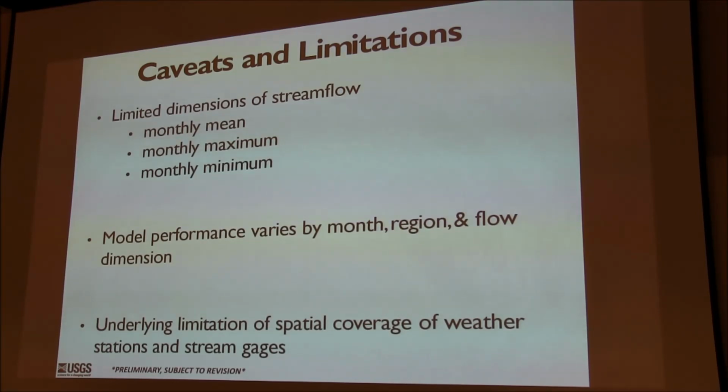And lastly, but not leastly, the spatial coverage. The limiting factor here really is the spatial coverage of the weather stations relative to the stream gauges. And with that, I'll stop and thank you for your time and take whatever questions you might have.